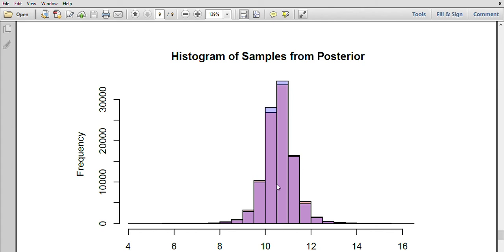As you can notice, there is hardly any difference in the two histograms. What is the meaning of this? There is not much of a difference in the histograms, which means that if you look at the sample properties of mu based on these two samples, they will match. The means will be almost the same, the variances will be the same, quartiles and quantiles will be the same.